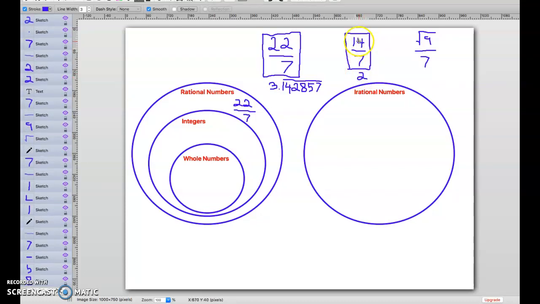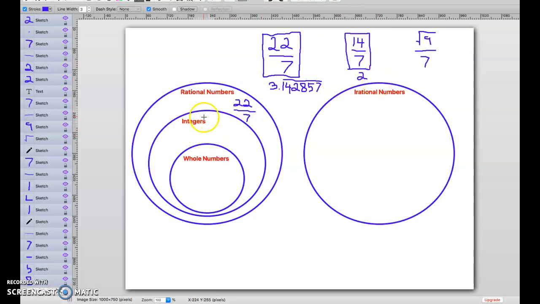So again, 14 over 7 is a rational number, rational meaning it can be written as a fraction or a decimal. Is it an integer? Can it be written without a decimal? Yes, it can. 14 over 7 can be written as 2. You don't need decimal places to write the number 2.